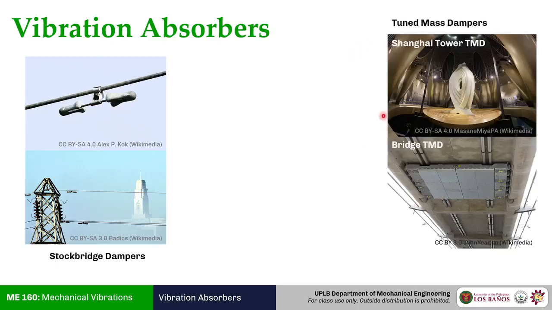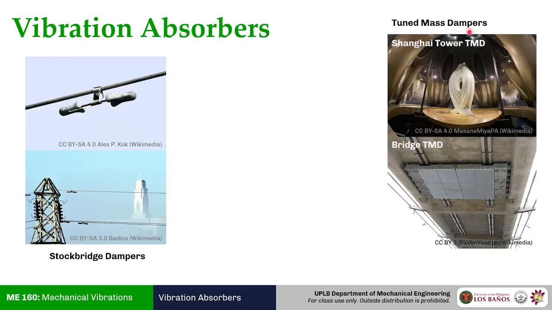So here, we have the Shanghai Tower tuned mass damper. So it is the centerpiece in this picture. Some construction companies, they really do turn their tuned mass dampers into a work of art. The cover image of these slides is actually the tuned mass damper of Taipei 101. That is the more famous TMD. This one is also a work of art and it's found in Shanghai, China.